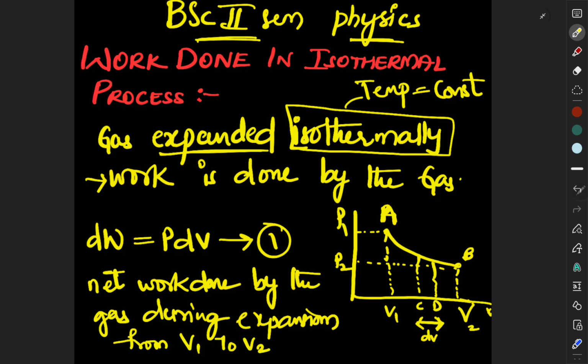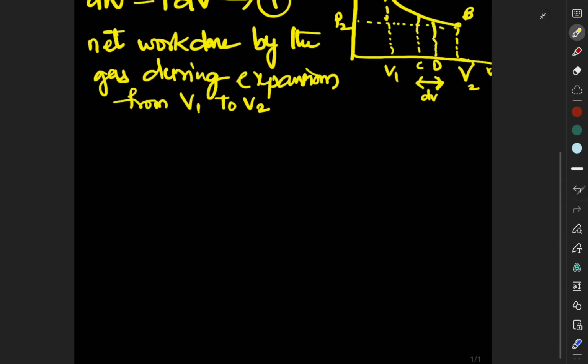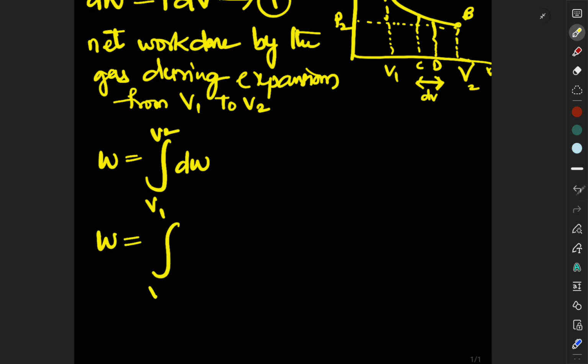Volume changes from V1 to V2, no? So the net work done by the gas during this expansion is given by W is equal to integration of dW from V1 to V2. So we know dW is equal to PdV. Let this be equation number 2.